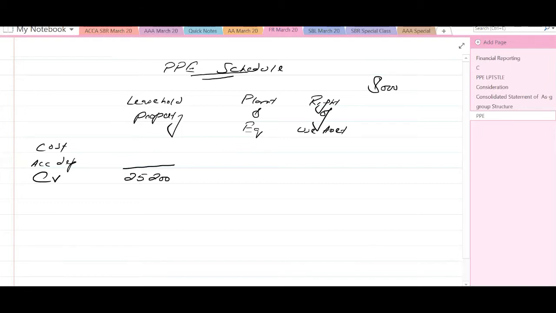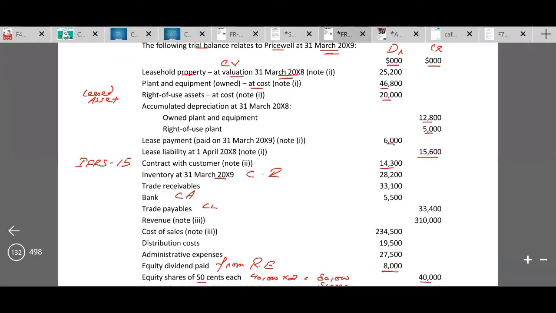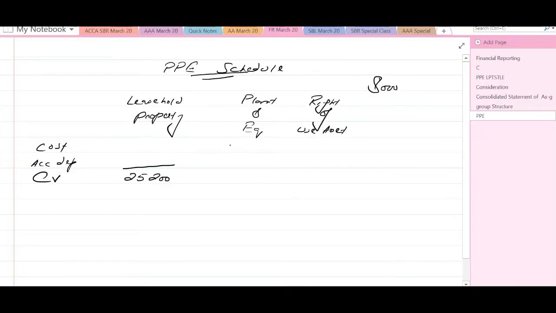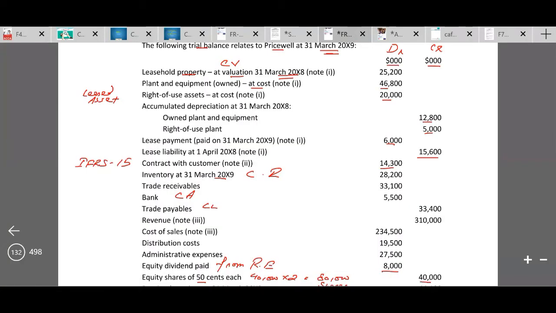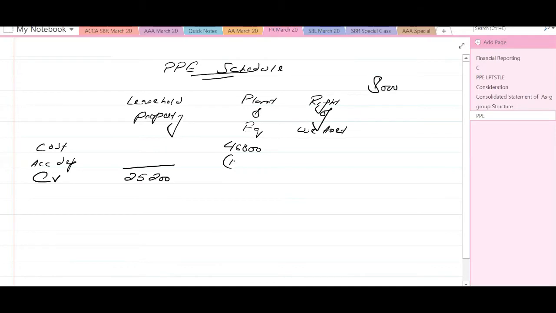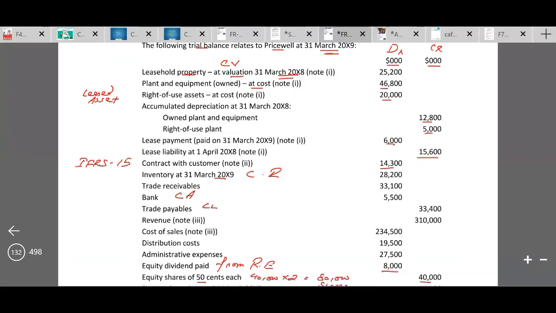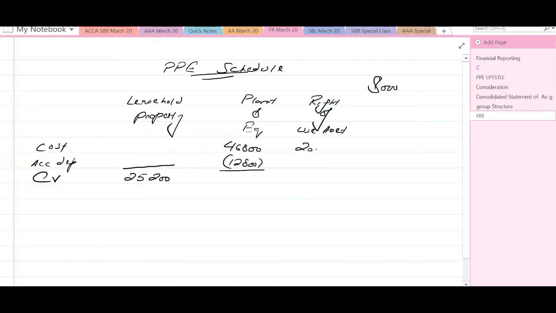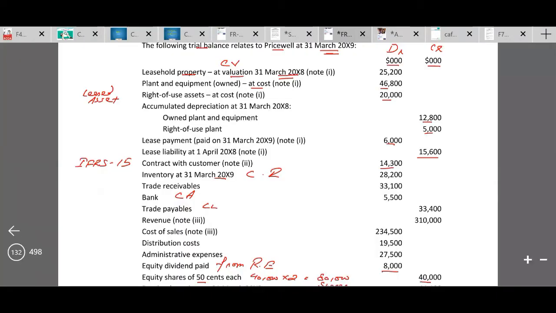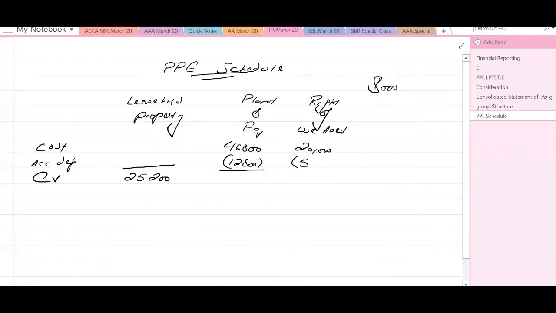Plant and equipment, the cost was 46,800, and the accumulated depreciation was 12,800. The right of use was having the cost of 20,000, and the accumulated depreciation was 5,000.